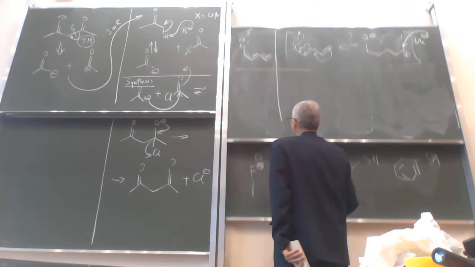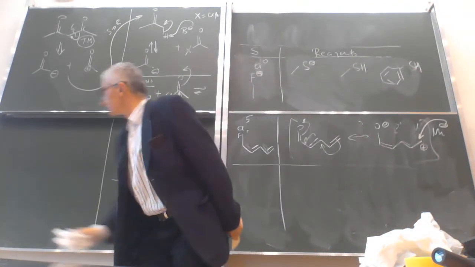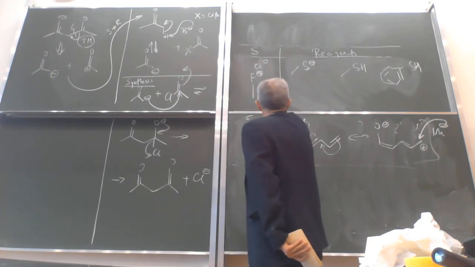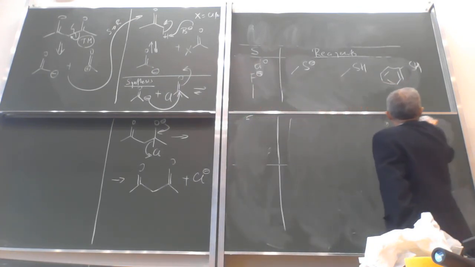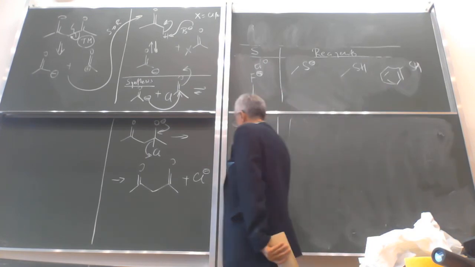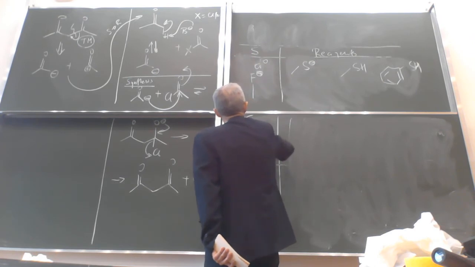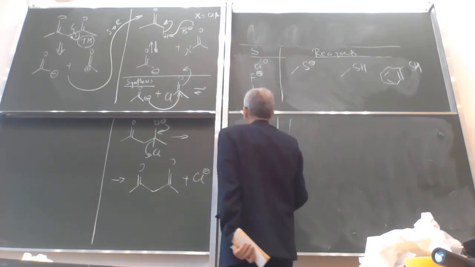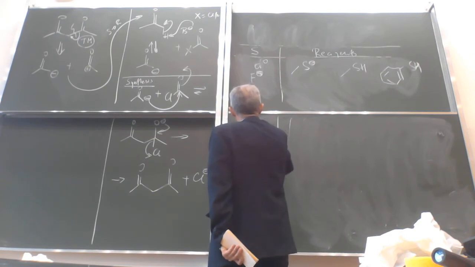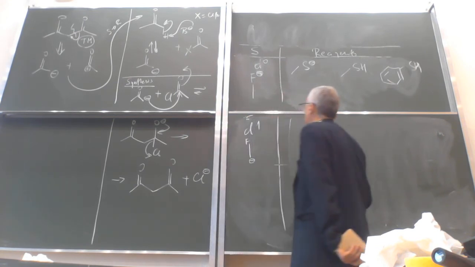Then let's say the second one, D1. An example of D1, this will be, of course, something like that, with the minus here.